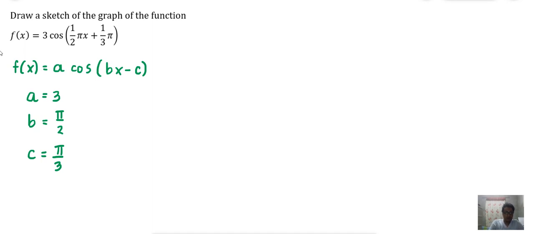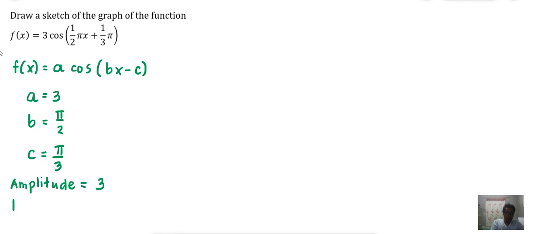Okay, so based on the values of A, B, and C, we can now find the three important transformations of our graph. Amplitude, okay, so based on the given, the amplitude is equal to the absolute value of A, which is equal to 3.